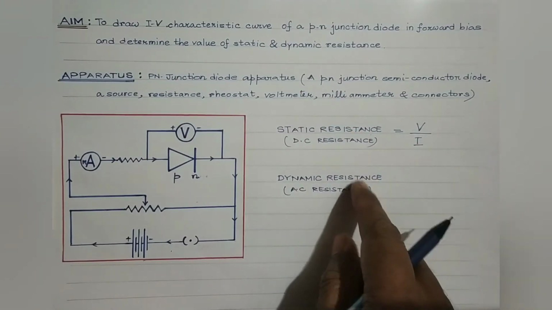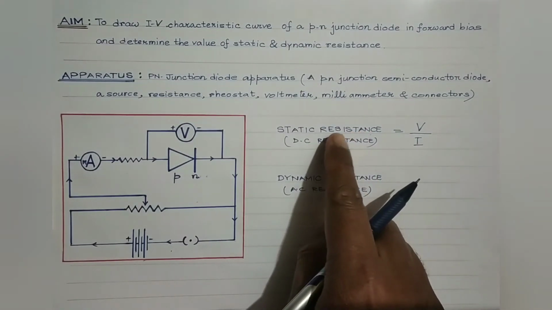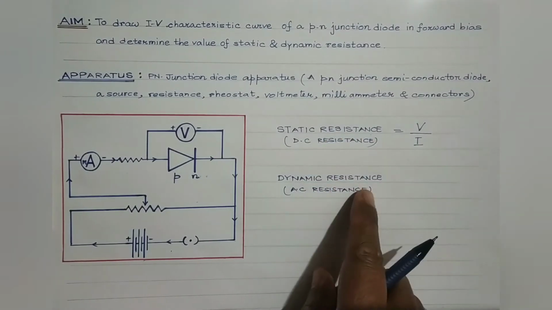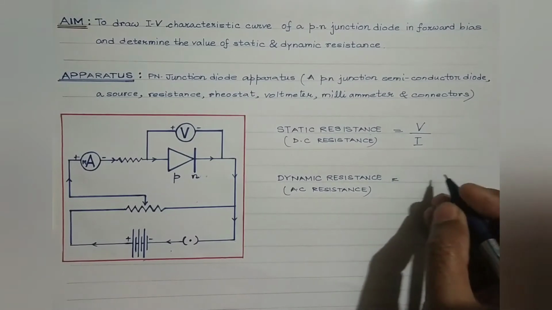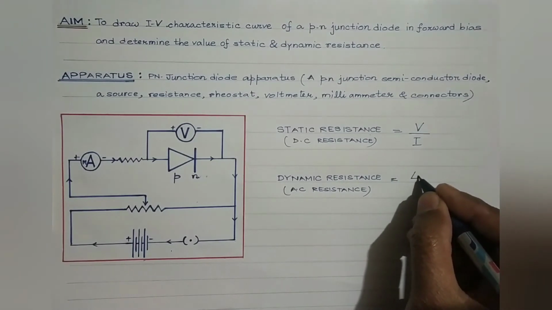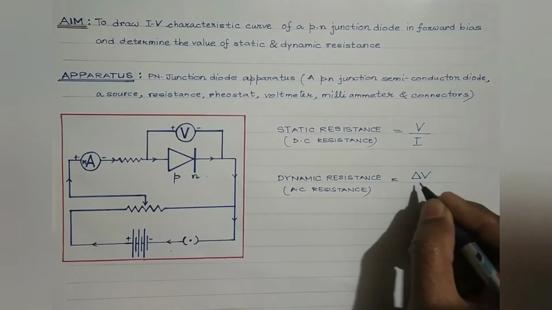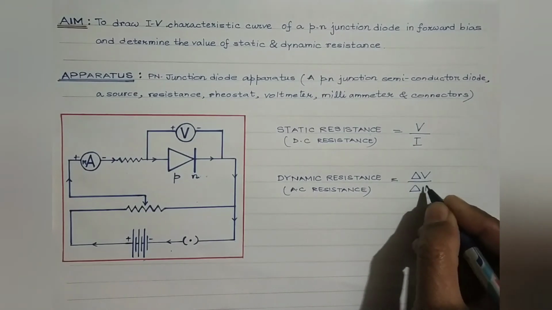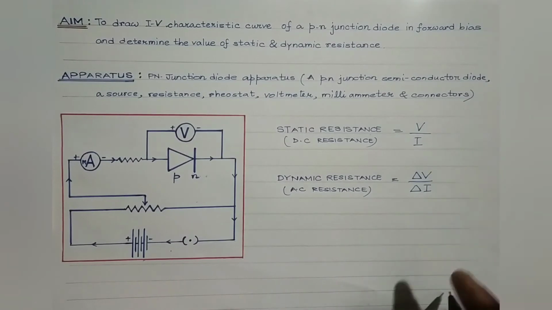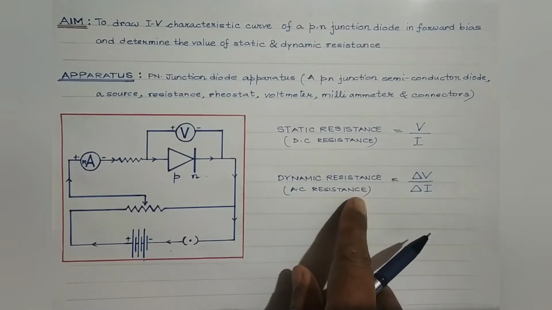That's the basic difference: static resistance does not depend upon the applied voltage, it is constant, while dynamic resistance does. It is defined as the ratio of the small change in the forward voltage to the corresponding small change in the forward current. That is how we define the static resistance and the dynamic resistance.